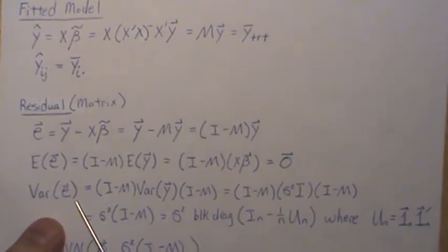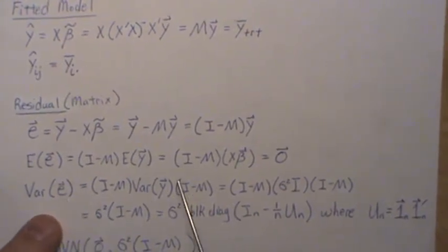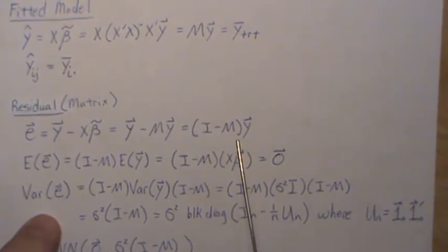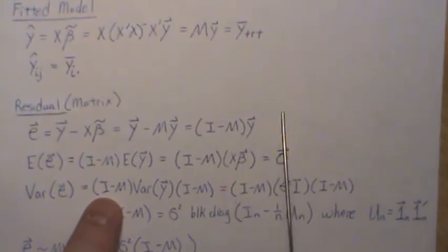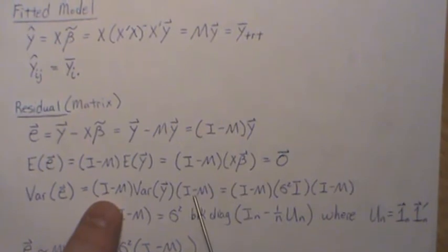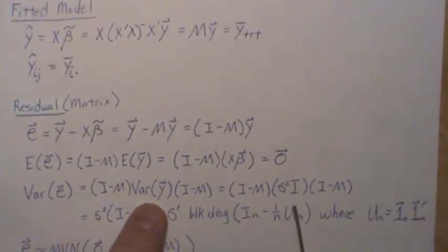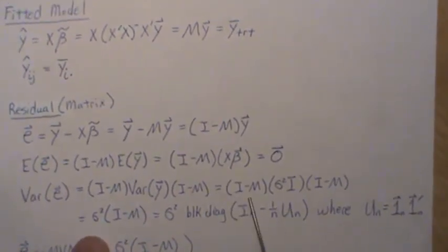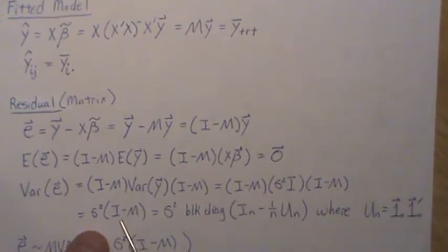Now the variance-covariance matrix of the vector e: you take I minus M out front, and then you transpose it out back, but that's symmetric, so the transpose is itself, and then it's the variance of y. Well, the variance of y is sigma squared I, so that sigma squared can come out front, and then since I minus M is idempotent, we just get I minus M. And so this is it.